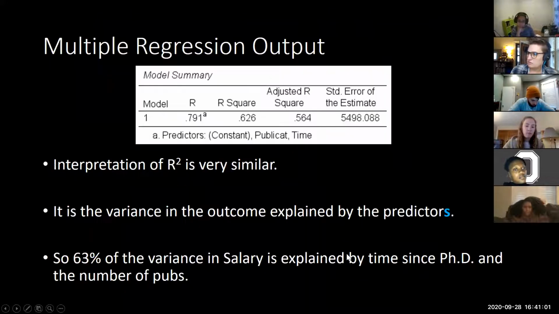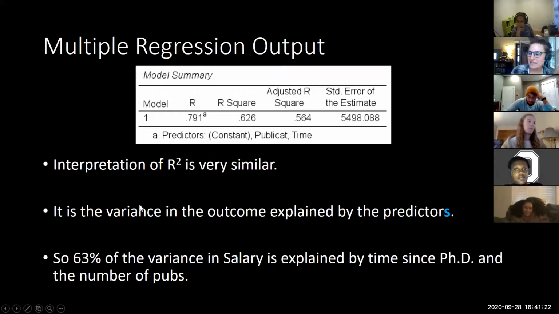So thinking about R squared, the way we interpret R squared is actually very similar to the way we've done it before. It's the variance in the outcome that's explained by the predictors. I made this blue so that you'd see that it's predictors, more than one.